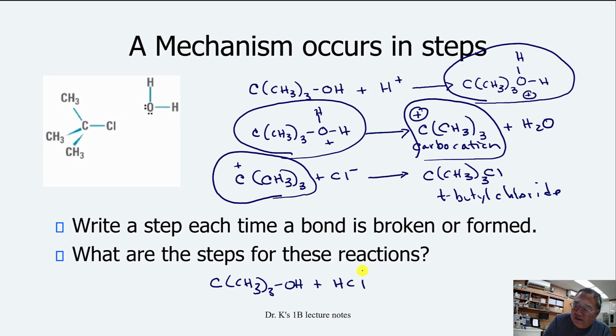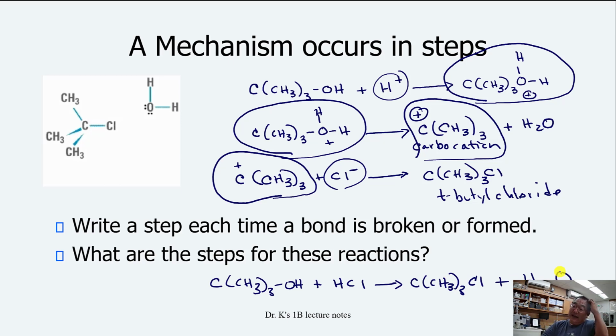Remember I was telling you how this and this come from HCl. That makes CH3Cl plus H2O. And this is also a type of substitution reaction where I've taken the OH and substituted it with the Cl. That's all you really see going on. This is my overall reaction.